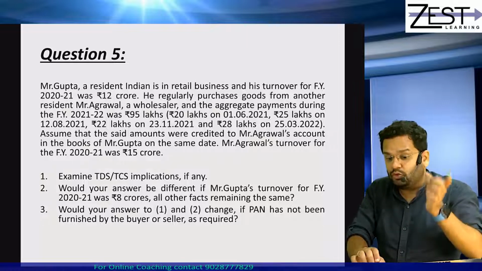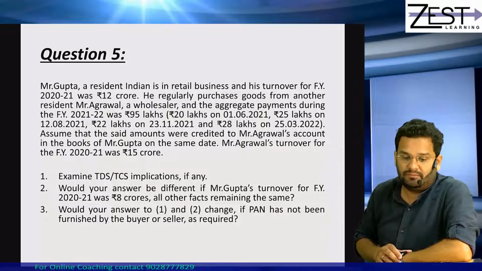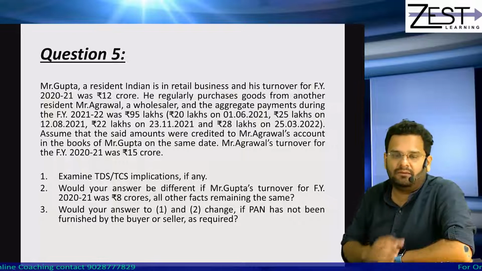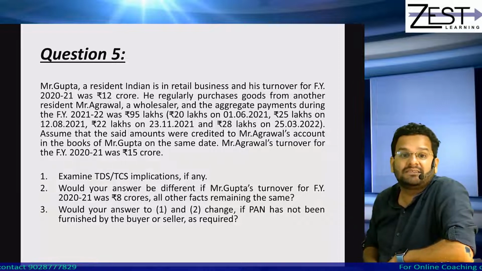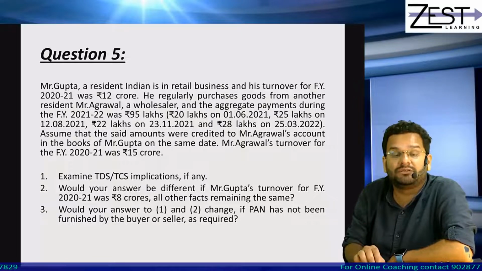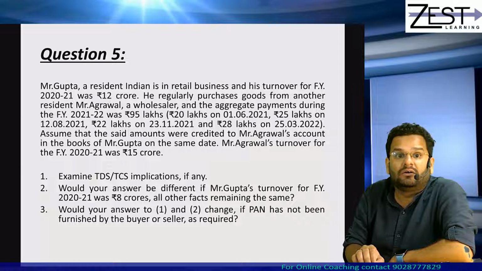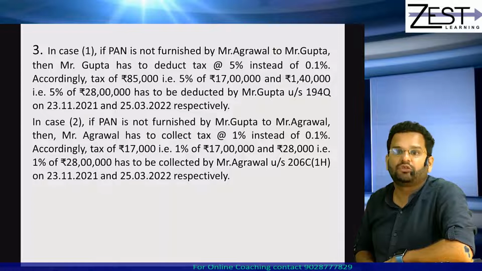Would your answer to 1 and 2 change if PAN has not been furnished by buyer or seller as required? मतलब जो फर्स्ट वाली केस है जहां पे TDS है, वहां पे पेई ने नहीं दिया. करेक्ट? पेई मीन्स सेलर did not give PAN. एंड जो सेकंड वाली केस है TCS, वहां पे बायर ने नहीं दिया PAN. तो क्या कुछ चेंज होगा प्रोविजंस में या सॉल्यूशन में? आंसर इज यस. तो TDS जो 0.1 था उसका रेट हो जाएगा 5% एंड TCS जो 0.1 था उसका रेट हो जाएगा 1%. चेक, वो चेंज होगा. सो रिमेंबर दीज थिंग्स वेरी सिस्टमैटिकली.